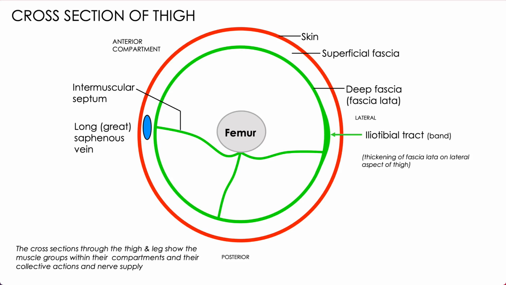The muscle groups located within my anterior compartment, their primary job is extension at the knee joint. There are other functions for some of the muscles in this compartment, but the primary function is extension at the knee joint.